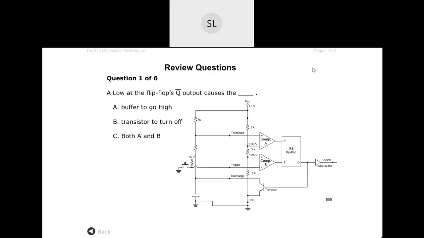Okay, got it everyone? Understood the operation of this monostable multivibrator?